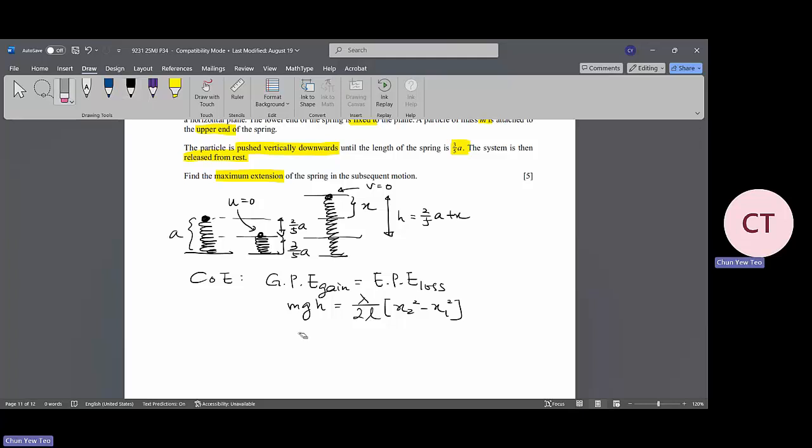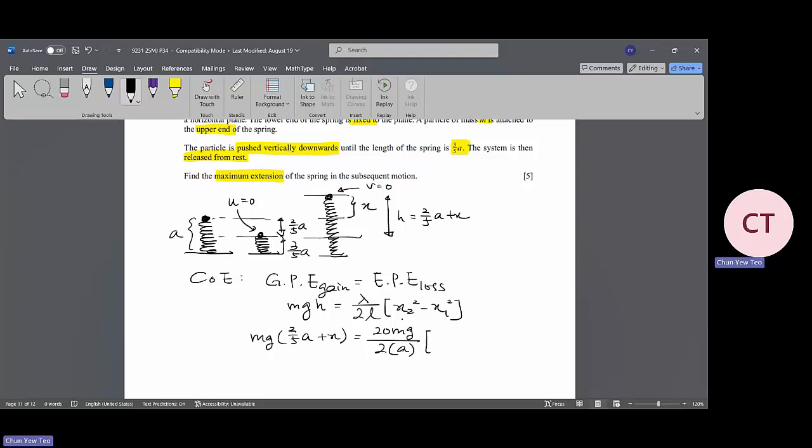So we will write this as mg times 2/5a plus x. Your lambda is 20mg, your original length is a.